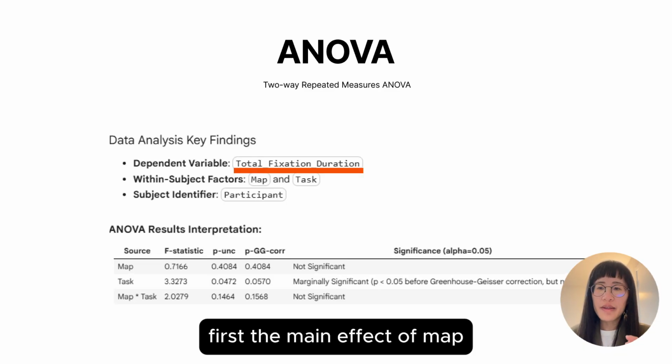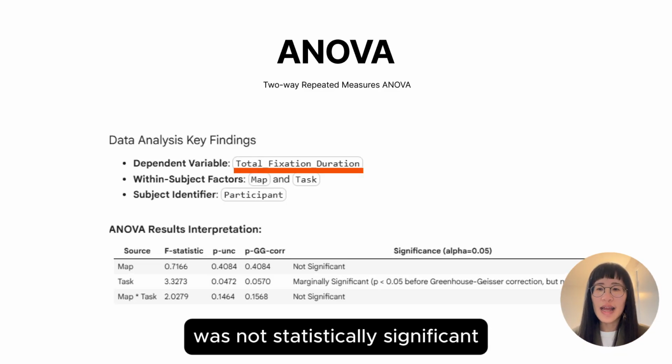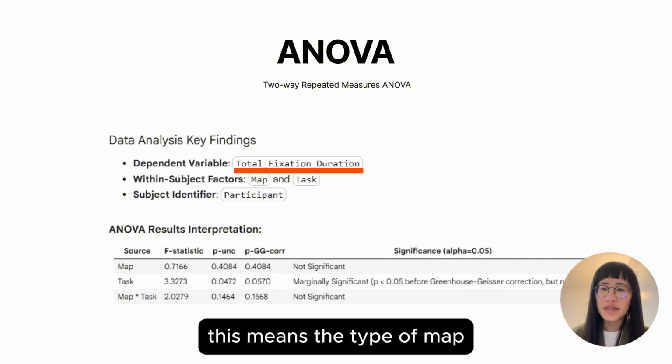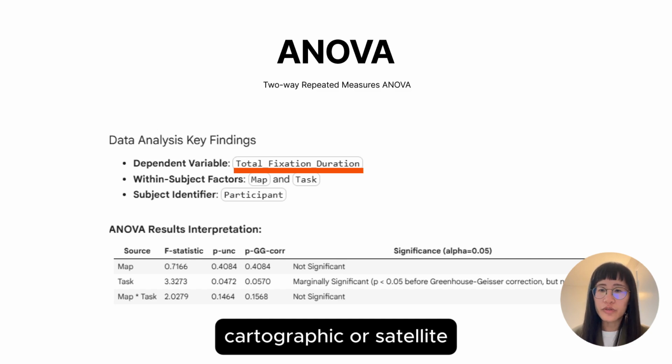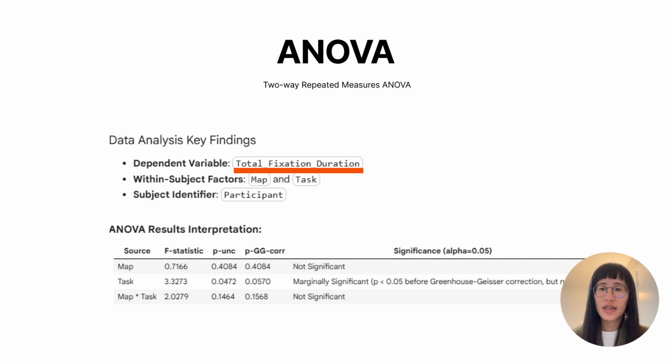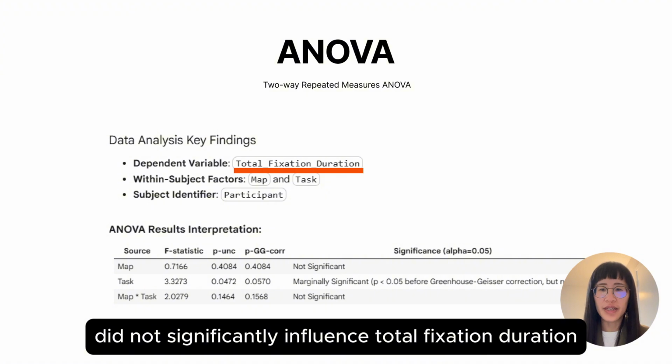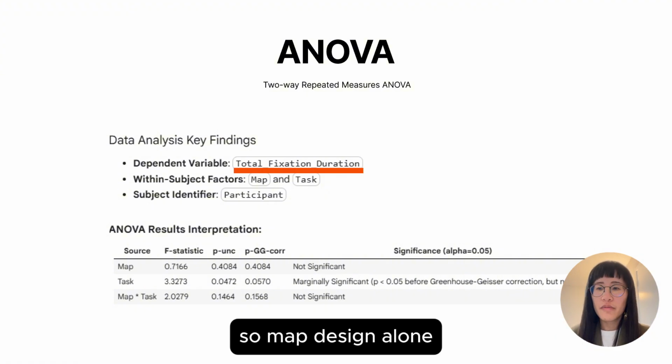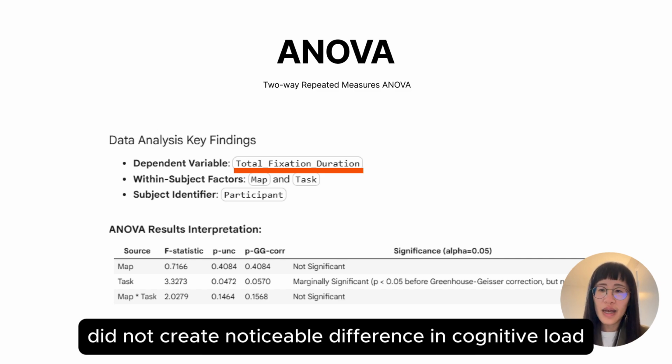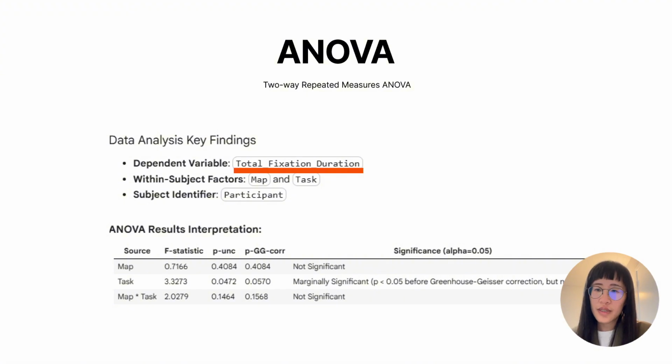First, the main effect of map type was not statistically significant. This means the type of map, cartographic or satellite, did not significantly influence total fixation duration. So, map design alone did not create a noticeable difference in cognitive load.